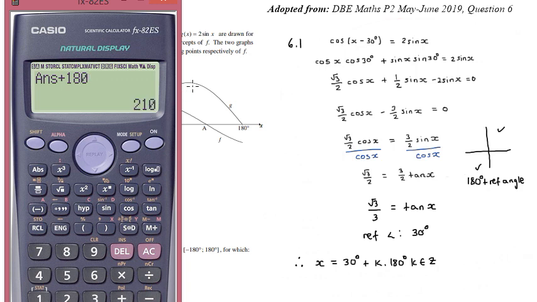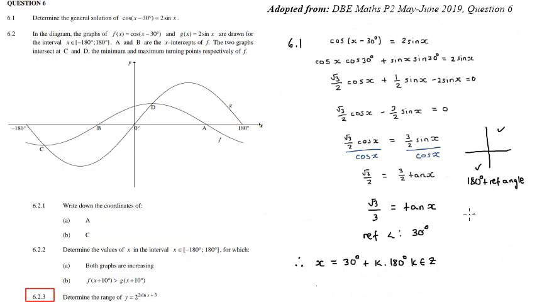That gives you 210. So the second general solution is x equals 210 degrees plus k 180, k an element of integers. So those are the two general solutions to this equation: cos of x minus 30 degrees equals 2 sine of x.